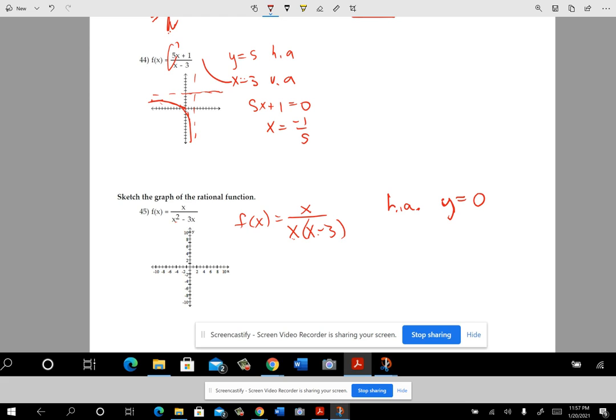Okay, the vertical asymptote happens when you have a problem in the denominator that can't be fixed. So x equals 3. You're going to have a hole when x equals 0. So you should have a little hole at x equals 0. Now where that hole happens, I can get the y coordinate by plugging in 0 for the x.